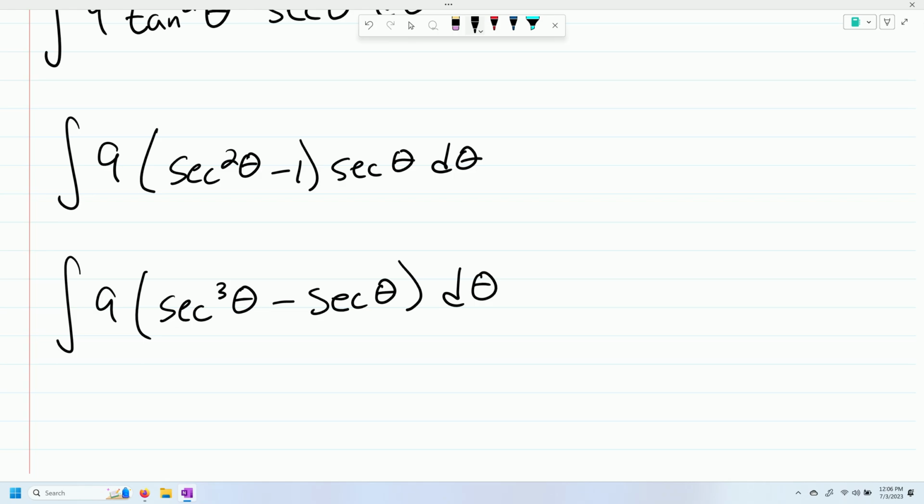And finally, before we integrate, we're going to worry about the limits of integration. Remember, the limits of integration initially were from 3 to 5, but that dealt with x's. Now we're in theta world, so we have to adjust these using our substitutions. If x equals 3, then 3 equals 3 secant theta.